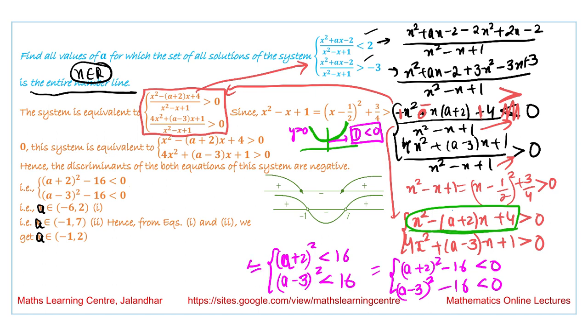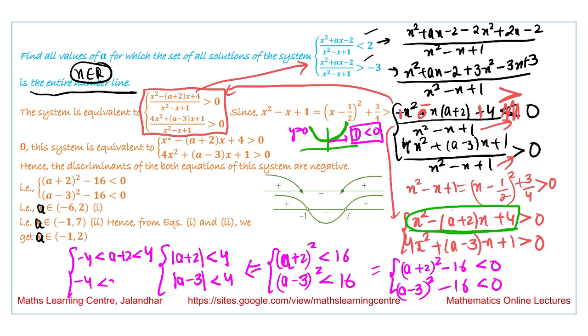This is equivalent to the system mod of a plus 2 less than 4 and mod of a minus 3 less than 4. So, we can write minus 4 is less than a plus 2 is less than 4, and minus 4 is less than a minus 3 is less than 4.